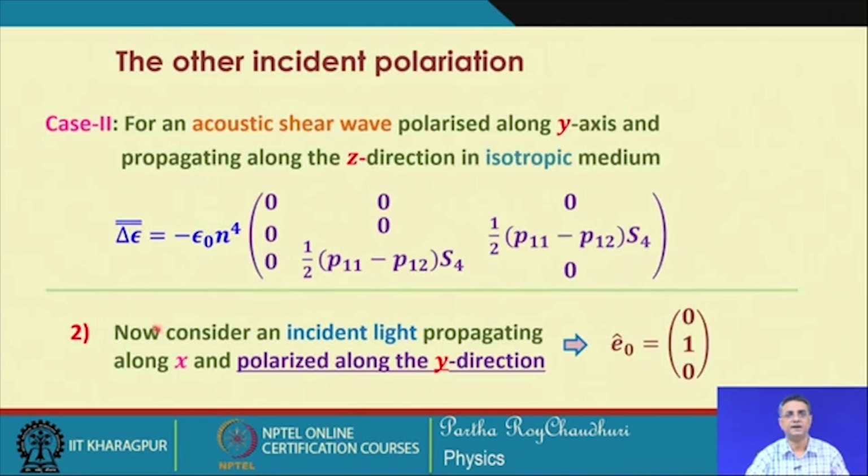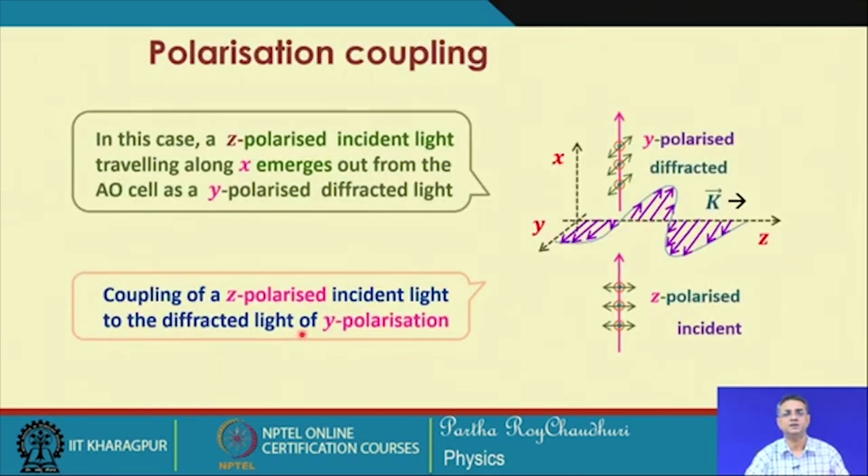The immediate second case, for case 2, just to check the completeness, is if we have a Y polarized incident beam, instead of being Z polarized. What happens to the optical beam which is diffracted out?